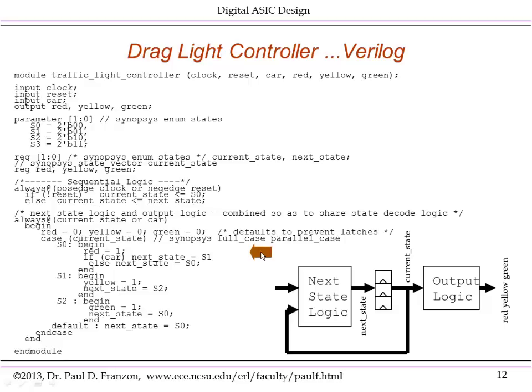It's also a parallel case. What that means is we have no priority logic here. We know we have no priority logic because if we reordered the statement blocks here, we'd get the same result. That is, these are all parallel to each other, they're all independent of each other. You might recall with priority logic, the ordering of the possible matches actually matters.